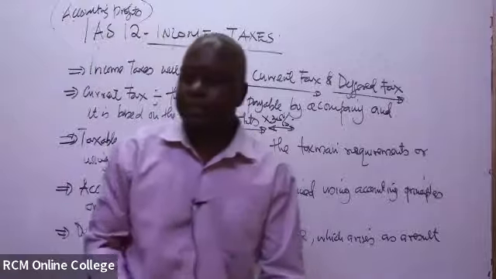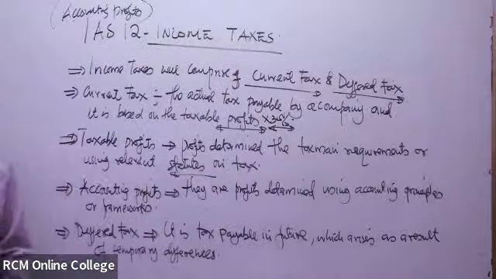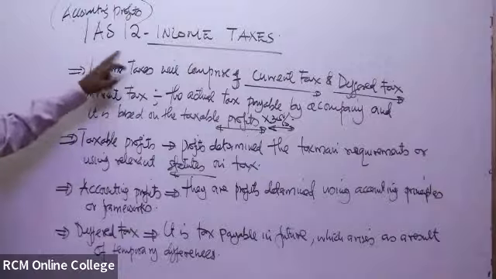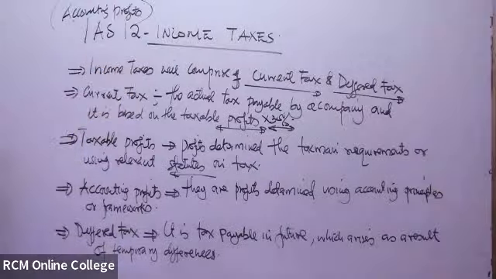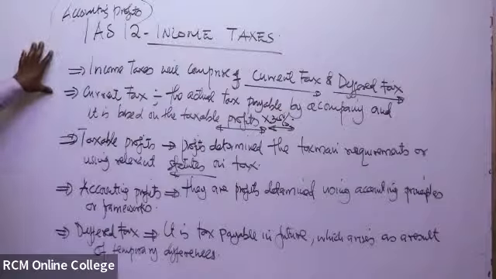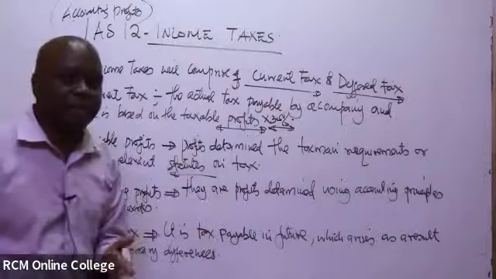So the reason why we focus on IAS 12 Income Taxes is that the profits you get under accounting and the profits you get when you want to tax are different.